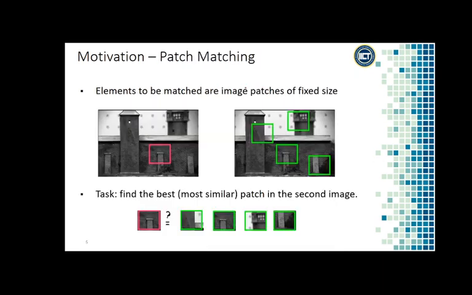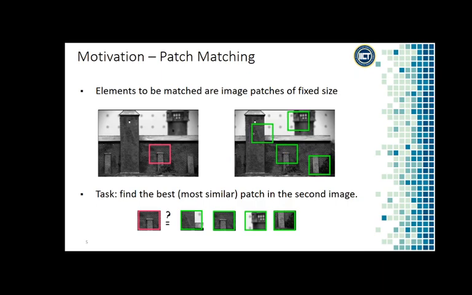It can be used for patch matching, as I already told in the last slide. If you can see, there is a red patch on the left side of the image, and on the right side of the image there are many patches, which can be referred to as windows. What we have to do is find the most similar patch in the second image with respect to the red patch.